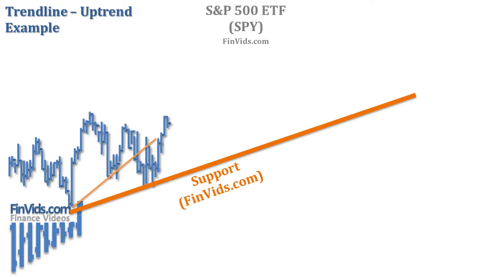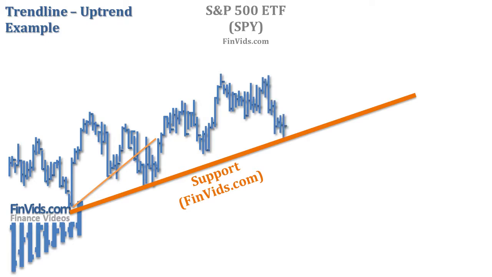So what we've learned from the past is that the more touches, the stronger the pattern becomes. So we have a new support line connecting the 2 lows. Here we have a 3rd touch of the support. So we have 3 touches so far.